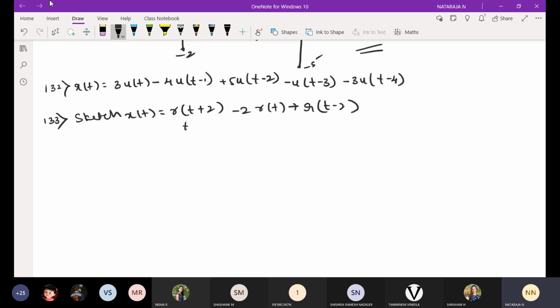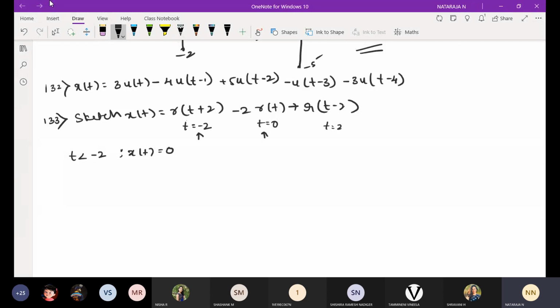t plus 2 is equal to 0, t is equal to minus 2, and t is equal to 0 for the second signal, and the last signal t is equal to 2. First consider t is less than minus 2, you will get x of t is equal to 0. Now the next signal starts at minus 2, ends at 0.